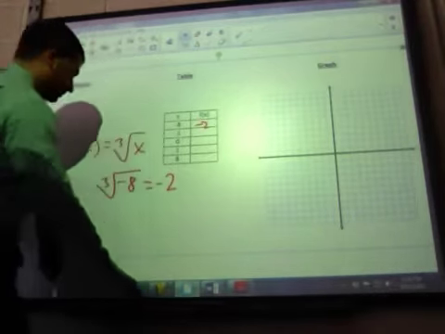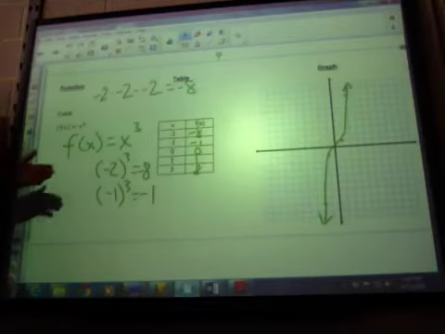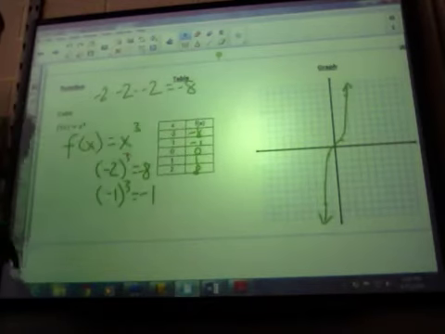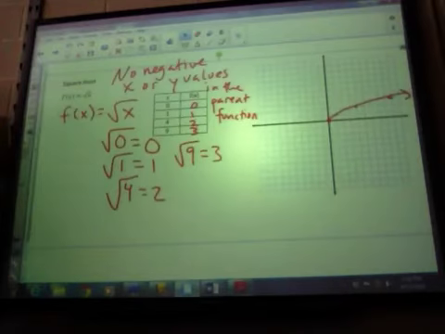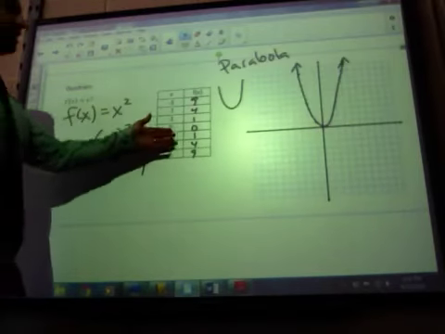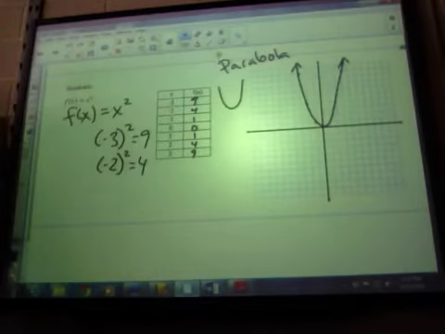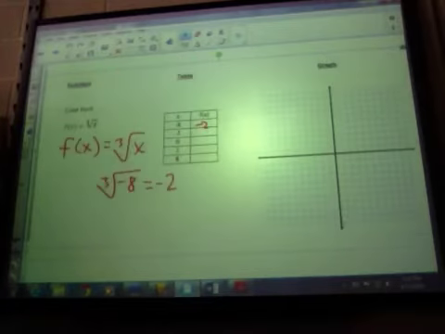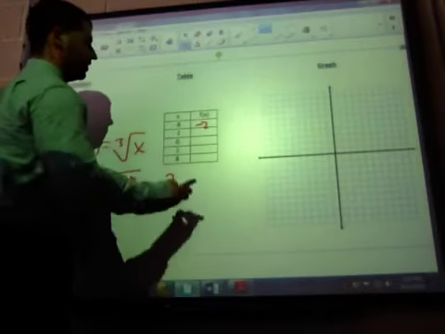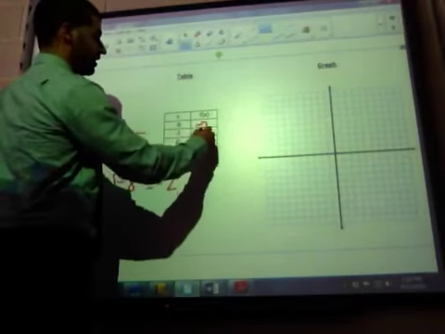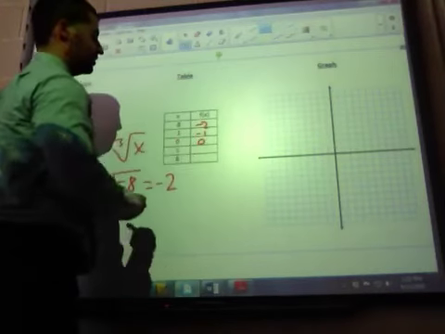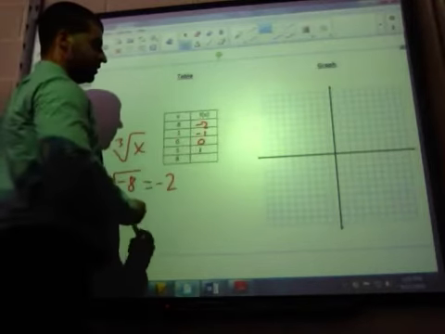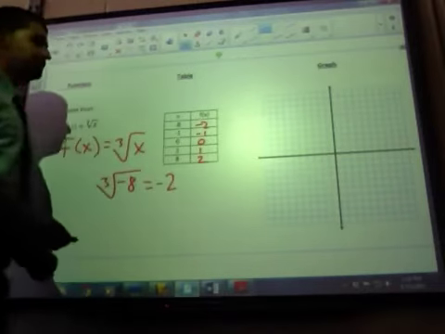You're essentially taking this graph, reversing the x and y. Just like this graph reverses the x and y's for the quadratic graph. So using that same notion, the cube root of negative 1 is negative 1, cube root of 0 is 0, cube root of 1 is 1, cube root of 8 is 2.